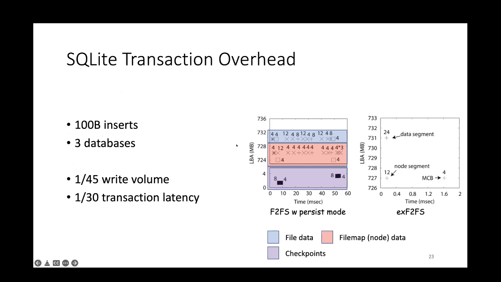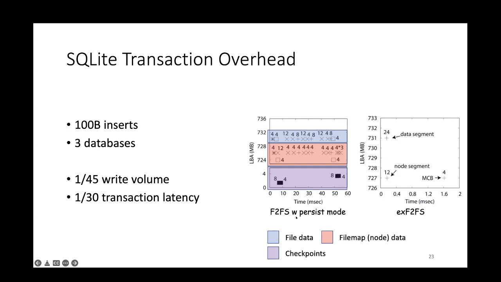So if we look at SQLite first, we take the same situation as at the start of the paper. We have 100-byte inserts, but we have 3 databases or 3 files. On the left diagram here, we have the LBA at the left and then the time in milliseconds at the bottom.